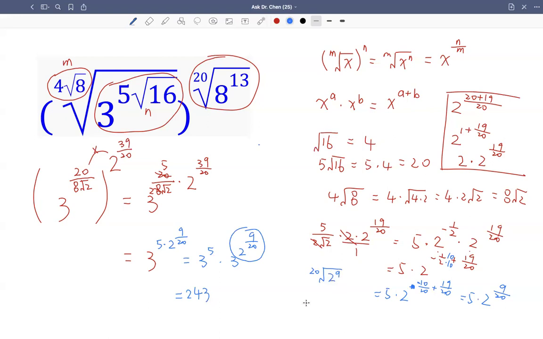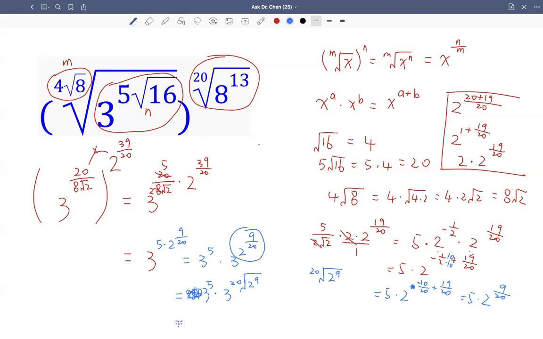So just leave as 3 raised by 5. So we can write the power in rational exponent. So 20 is the index, then 2 raised by 9.